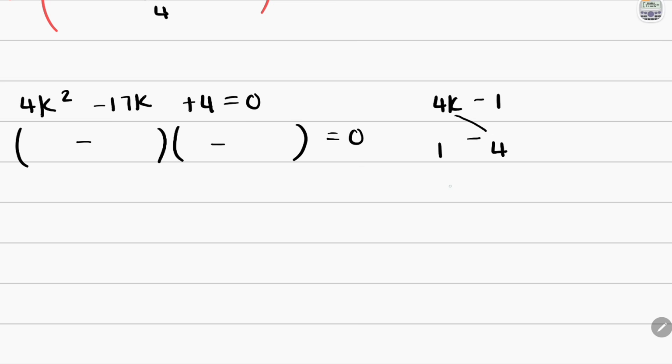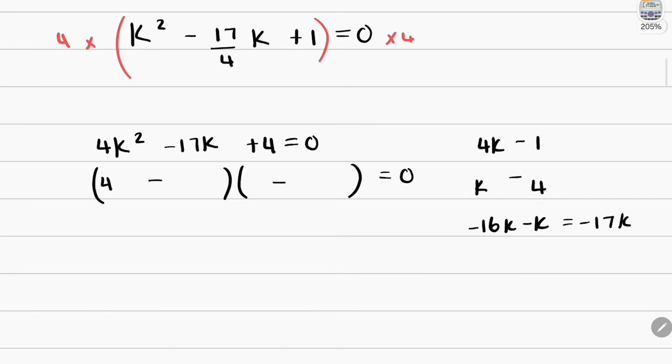So 4k times negative 4 is negative 16k, and this should be a k, sorry about that. And then k times negative 1 is negative k. So you see how that gives us negative 17k. So it has factors: it's 4k minus 1, and it's k minus 4, and it's equal to 0.